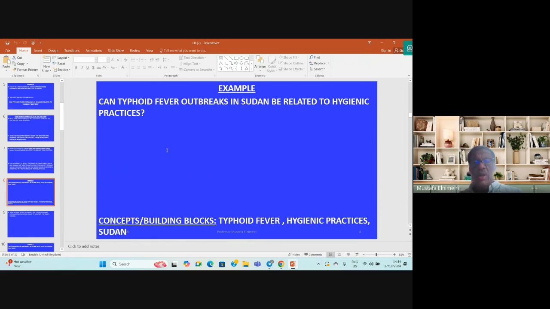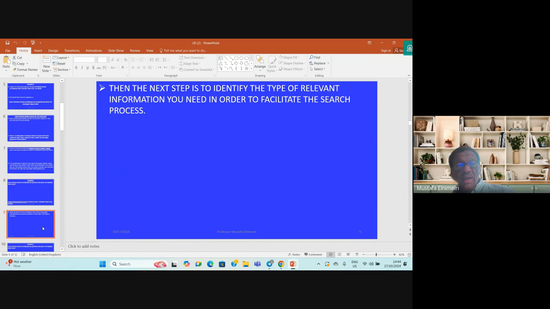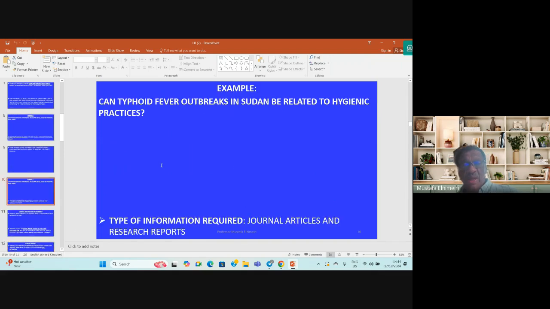For example, we can go to our previous example: can typhoid fever outbreaks be related to hygienic practices? Then the concepts or the subject areas or the building blocks will be typhoid fever, hygienic practices, and Sudan. And then the next step is to identify the type of relevant information you need in order to facilitate the search process.